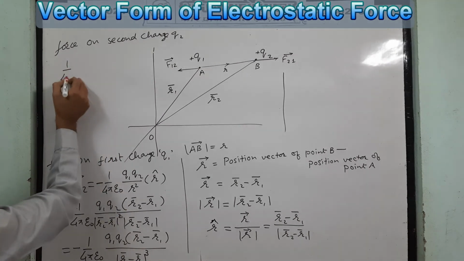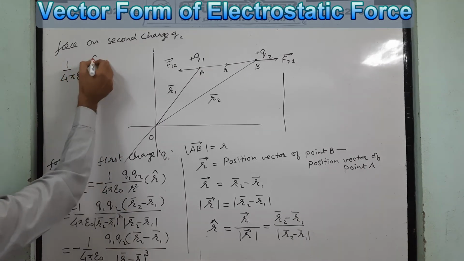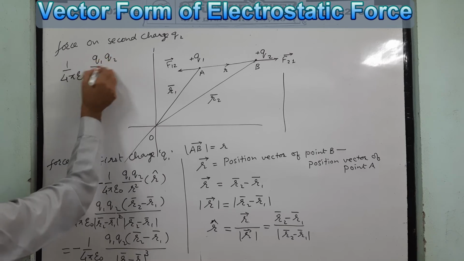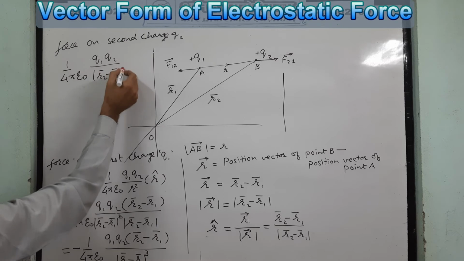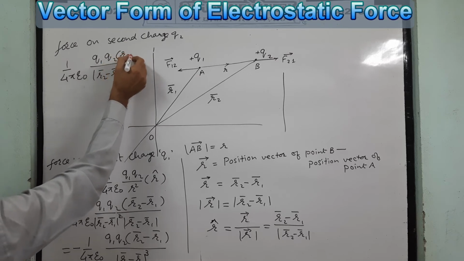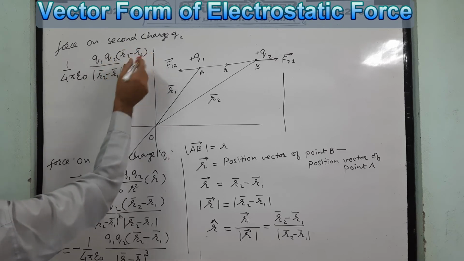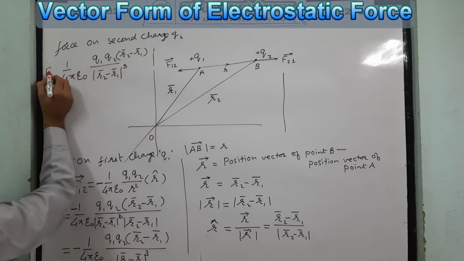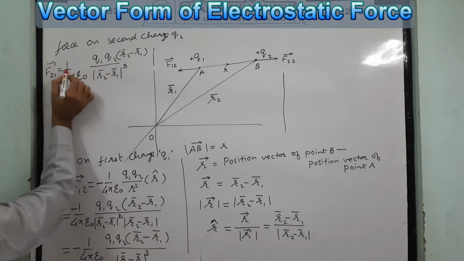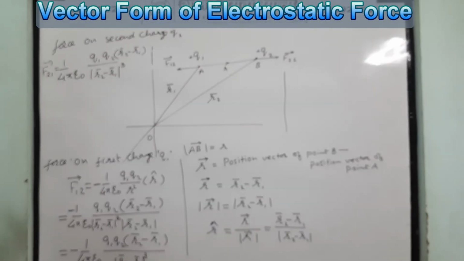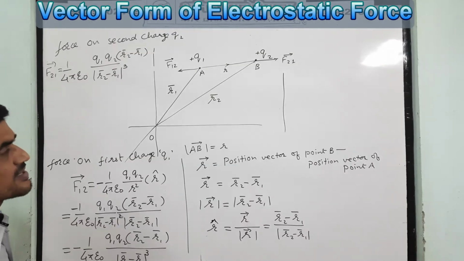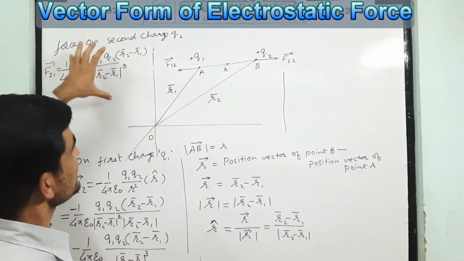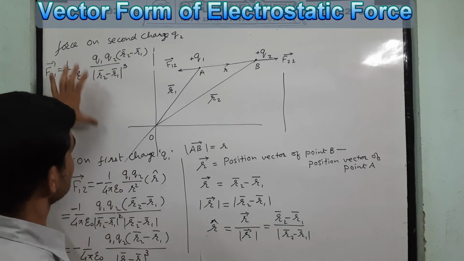So 1 upon 4 pi epsilon naught q1 q2 on r2 minus r1 its whole cube, times the vector r2 minus r1, this is in vector form, F21. So this is the force on the second charged particle. You just see directions are shown in the diagram and it is expressed in this format.